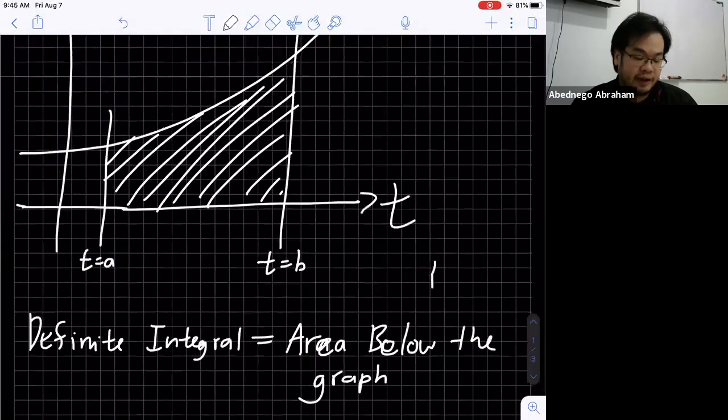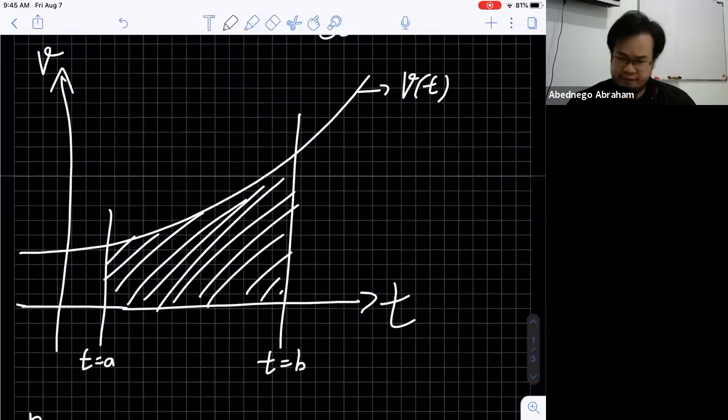So if you want to find out the area below the graph, the shaded area in this case, then you just need to find the definite integral, which by definition is the area below the graph itself.